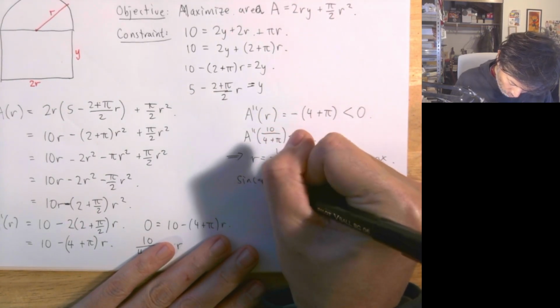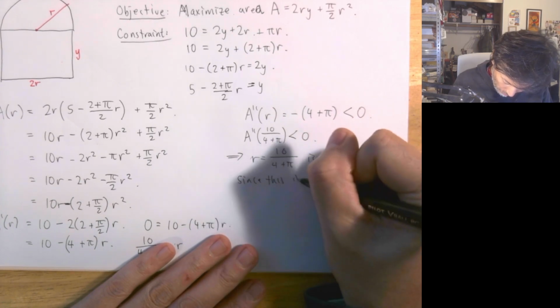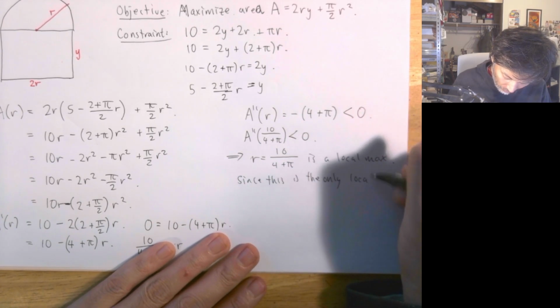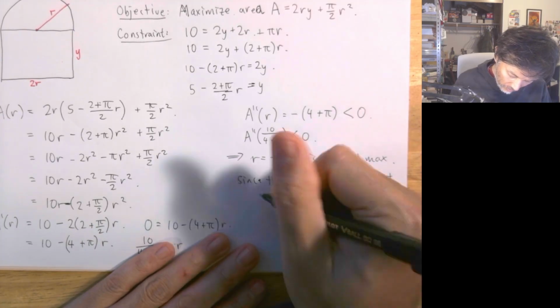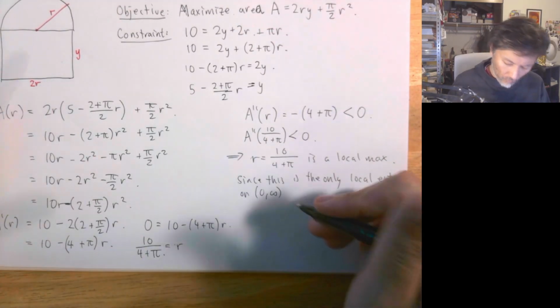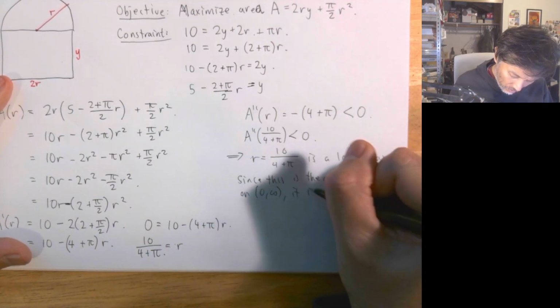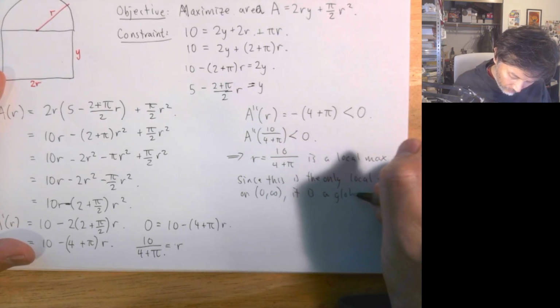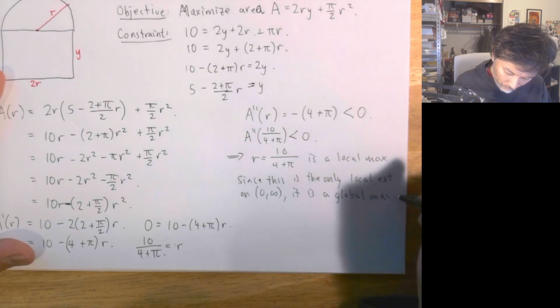Since this is the only local extremum on (0, infinity), it is a global max.